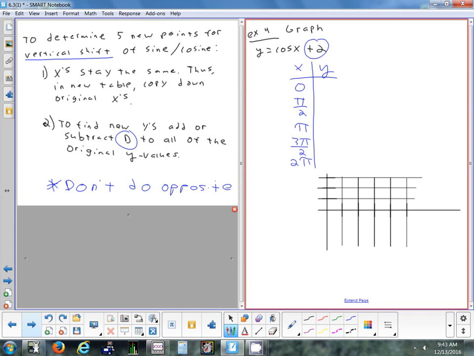So those are my x's. And John, what are my y values for cosine, the originals? 1, 0, negative 1, 0, 1. And what am I going to do to all these y values? Add 2.